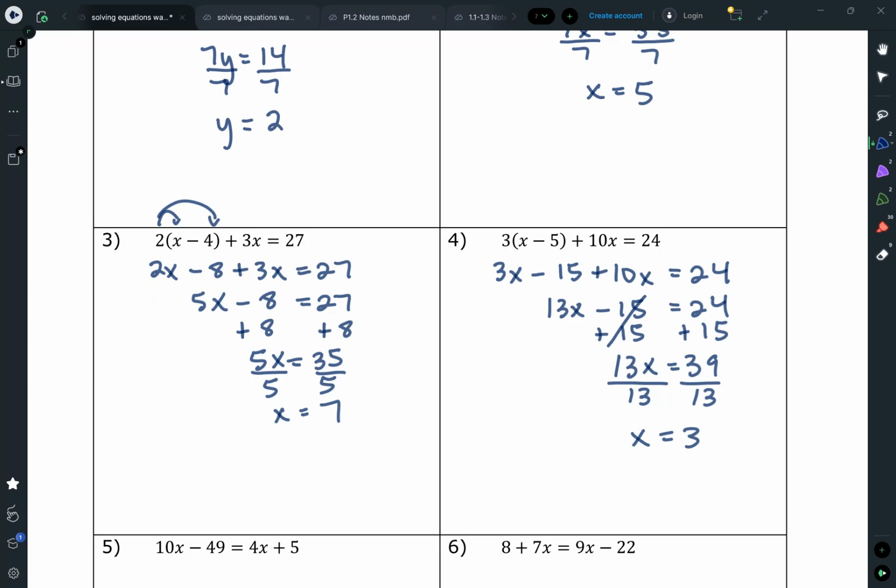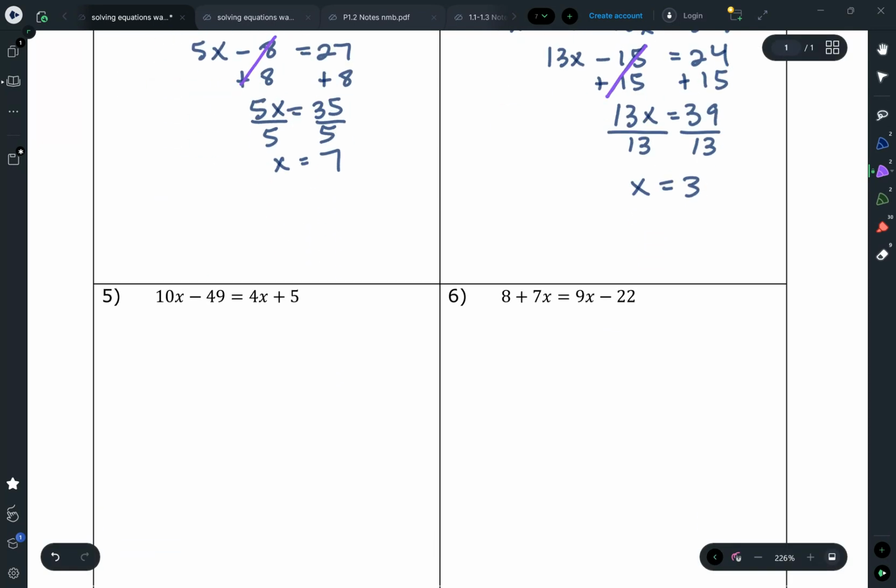I got x equals 3 on this one. You'll notice sometimes I'm taking that minus 15 plus 15 and crossing it out because I know it's a 0. Other times I'm not. You don't really have to. It's just sometimes it's kind of satisfying in math to do that. It's not really right or wrong.